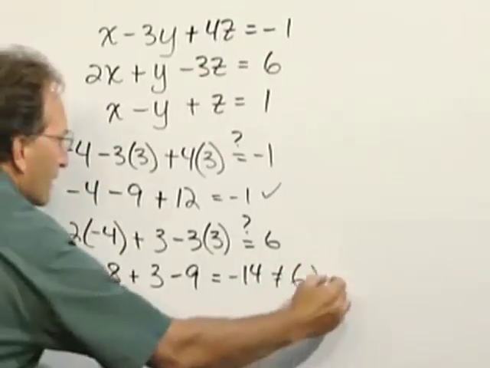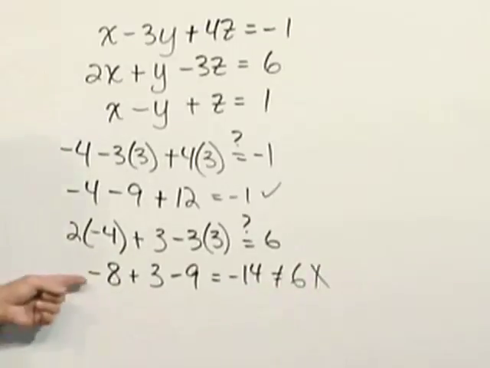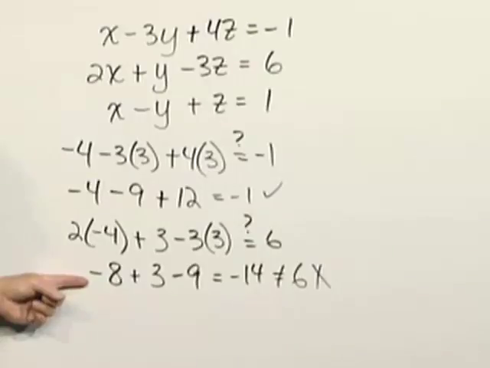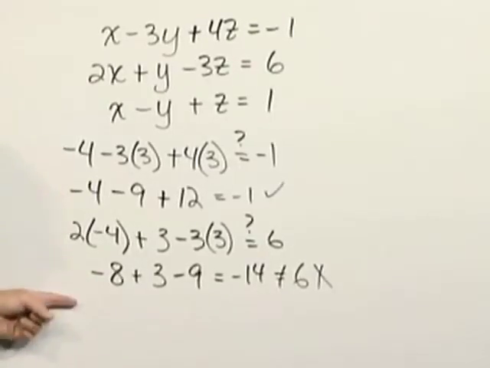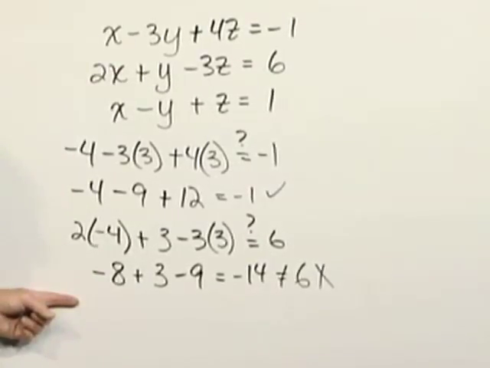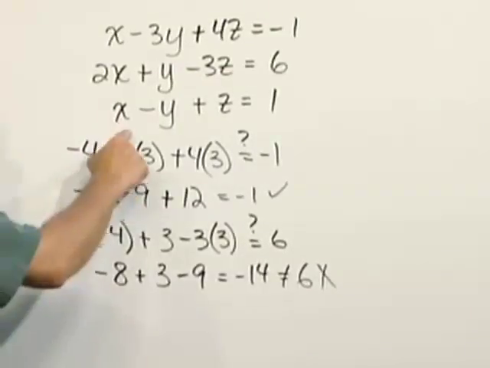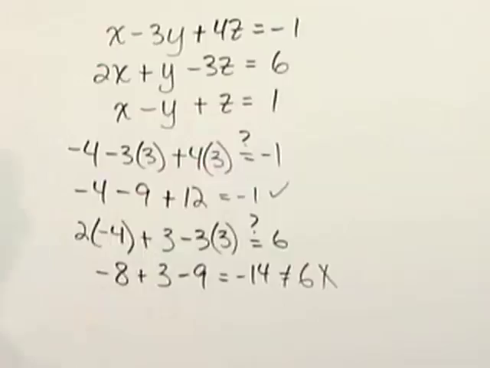So that tells us, actually at that point, that the ordered triple -4, 3, 3 will not satisfy this system of equations. Which means we don't have to show that it does or doesn't work for the third one, but let's just do that.